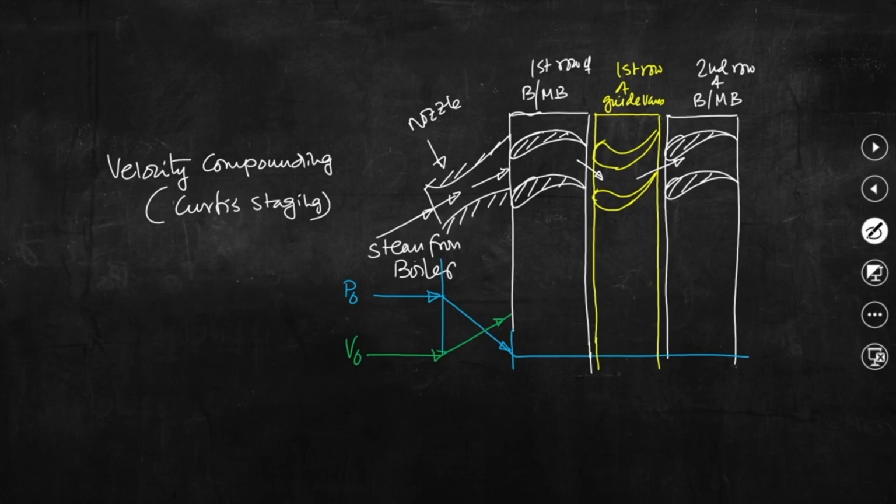So, there will be again a velocity drop, and while the steam is passing through the guide vanes, there is again a little drop in velocity, but this is remaining more or less constant. When steam is again entering the second row of moving blades, velocity will further drop.